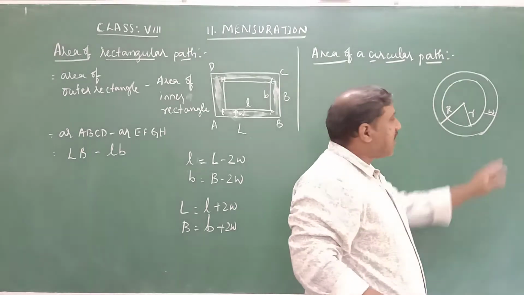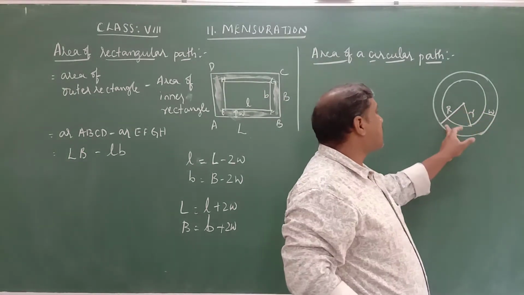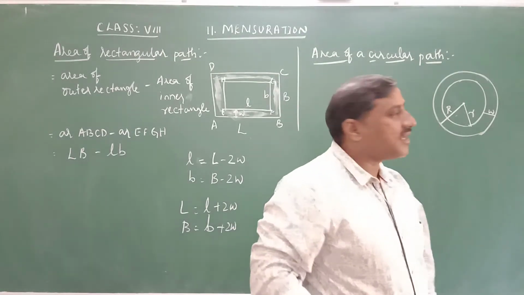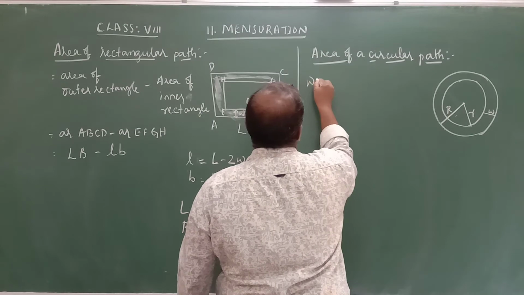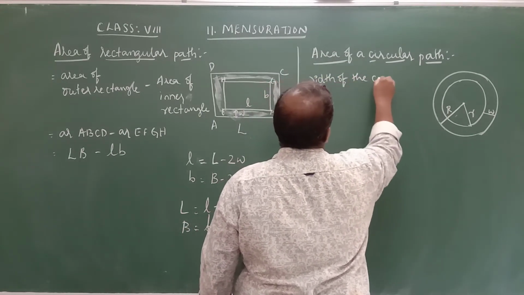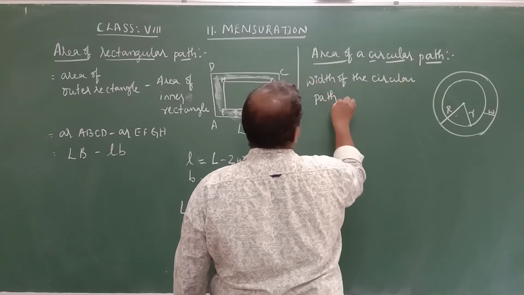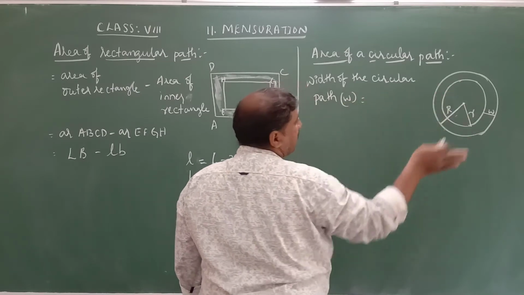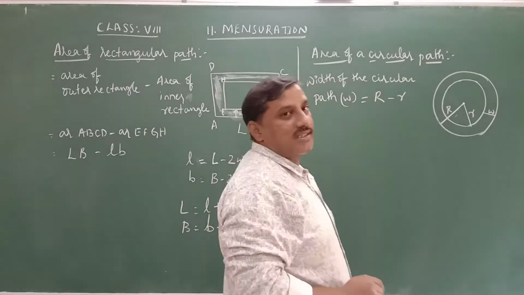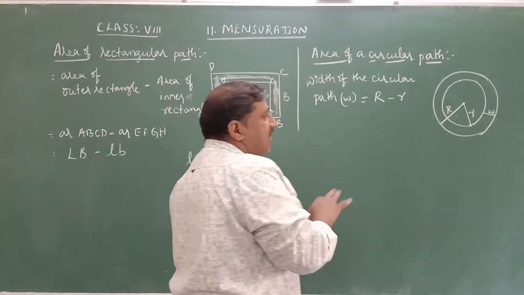So the width of the circular path is equal to the radius of the outer circle minus the radius of the inner circle, that is, w is equal to capital R minus small r.